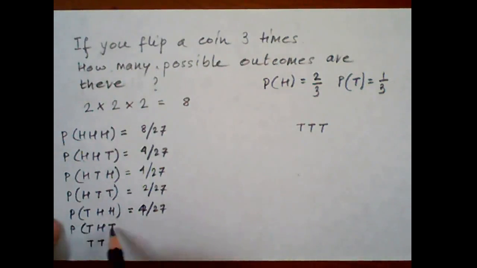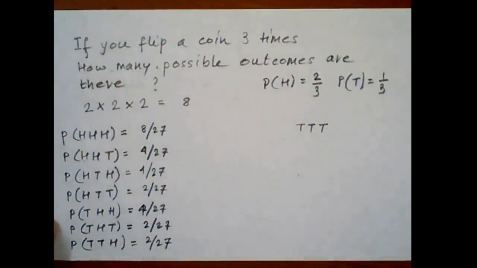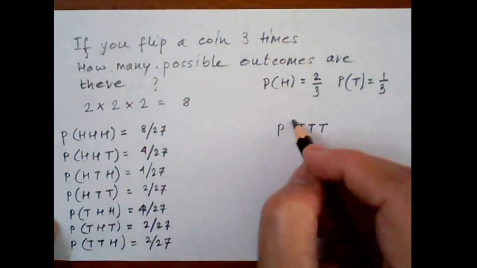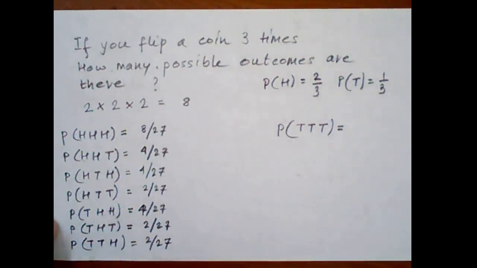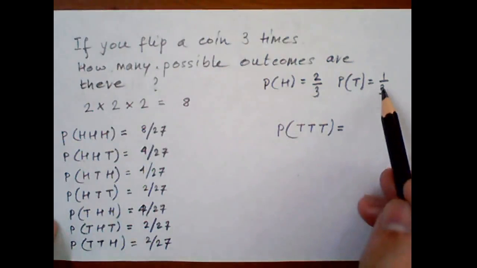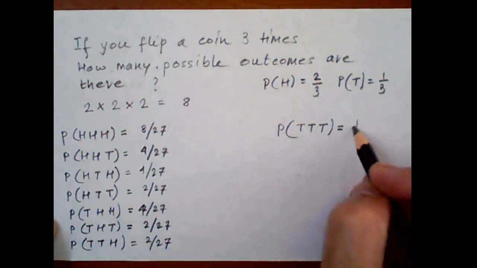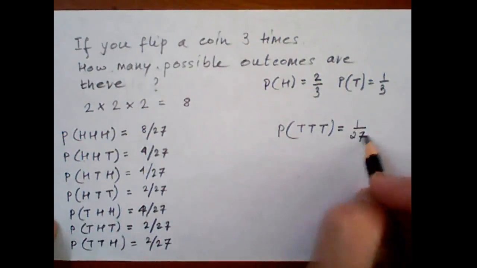Probability of this event is going to be 2/27, and probability of this event will also be 2/27, and finally the probability of all tails will be 1/3 times 1/3 times 1/3, which is 1/27.